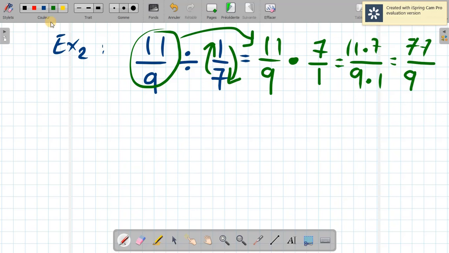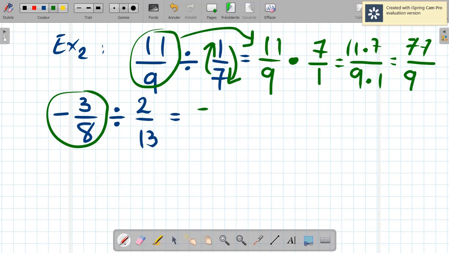Now let's give another example. If you have, for instance, negative 3 over 8 divided by, let's say, 2 over 13. What you would do is take the first rational number the way it is and write it back here, negative 3 over 8.